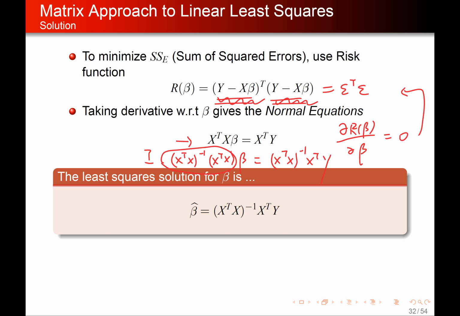So that's how we got the least squares solution for beta, that is (X transpose X) inverse X transpose y. This is the LSE estimation of beta for the multiple linear regression model.